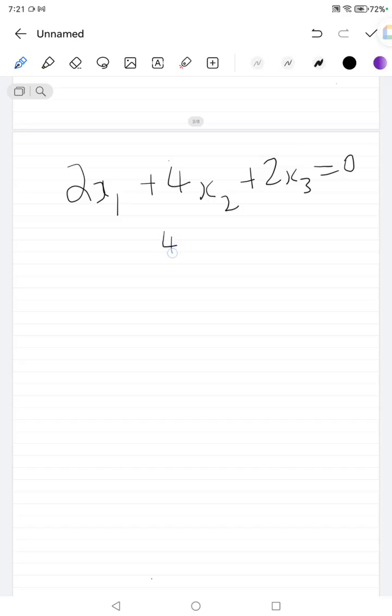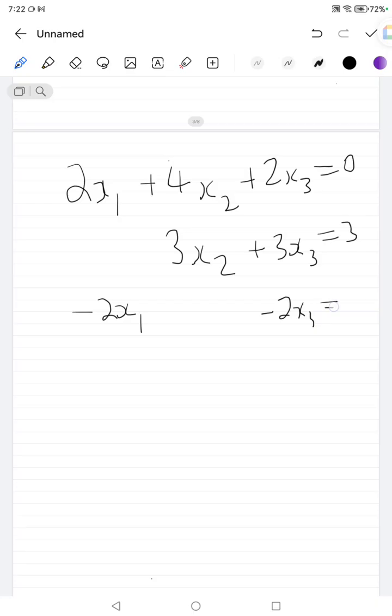Then you have 3x2 plus 3x3, equal to 3. Then at the bottom you had minus 2x1, then minus 2x3, equal to minus 2.